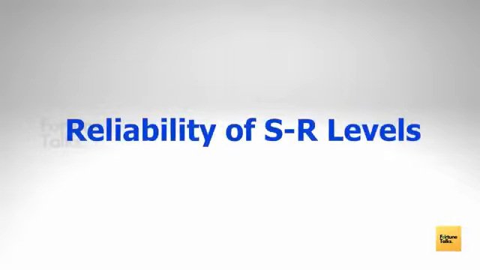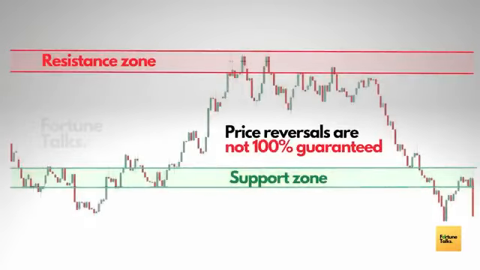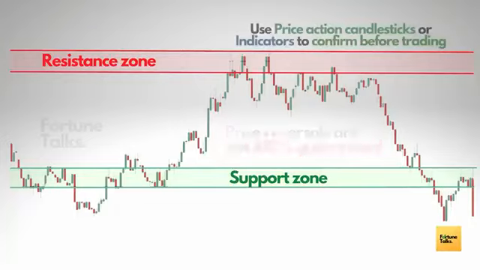Let us talk briefly about how reliable the support resistance are. The support and resistance lines are only indicative of possible price reversals. That is, by no means can we be certain that a reversal is going to happen, which implies that the support and resistance alone are not the holy grail to success in price action trading.